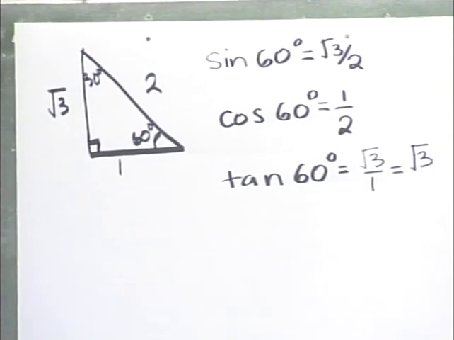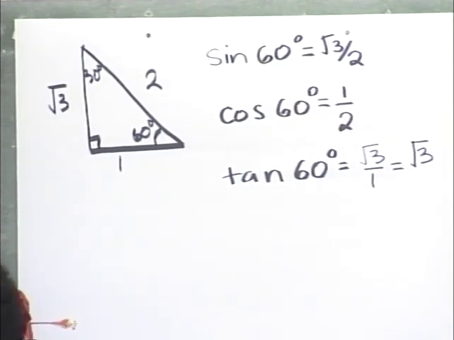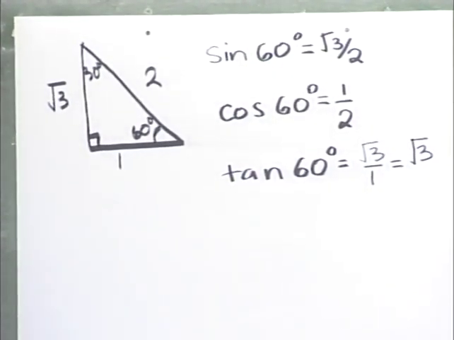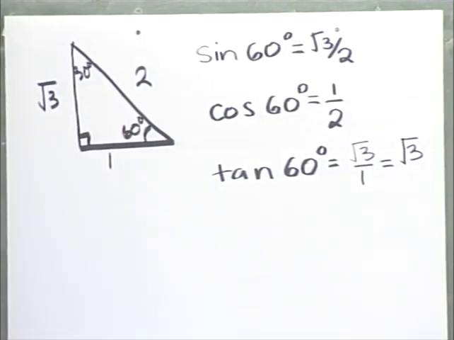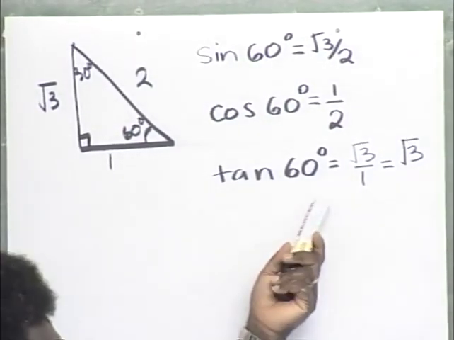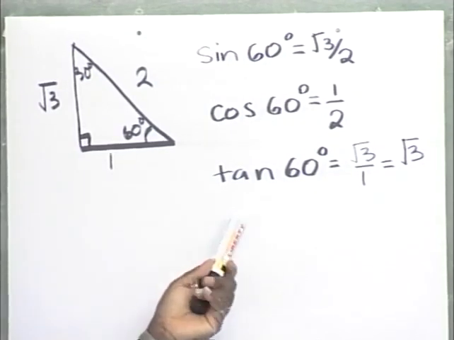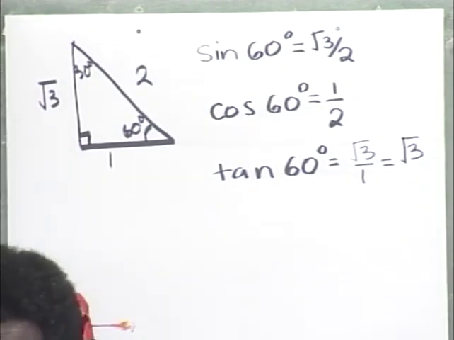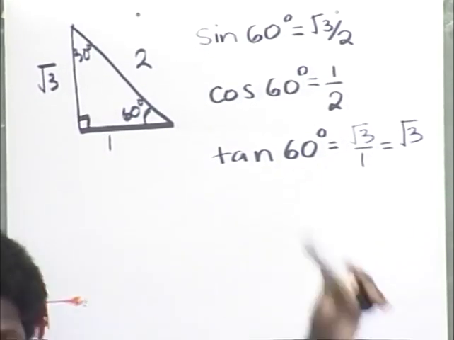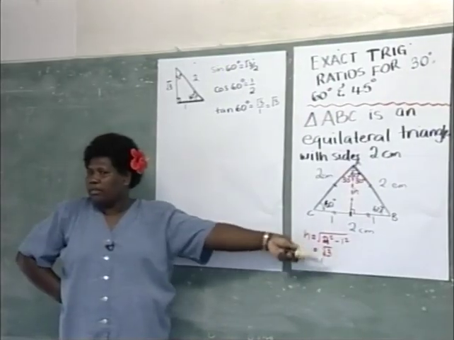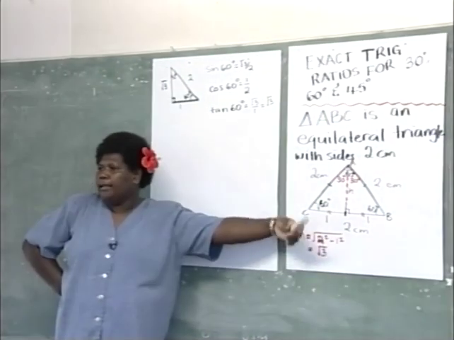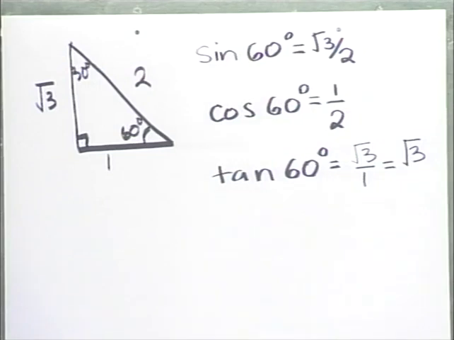Okay, these are standard, which means you are required to remember them. But the best thing to do is to know where they come from, because if you forget, you can always draw an equilateral triangle, find the perpendicular height, and then use it to find the trig ratios for 60 degrees.